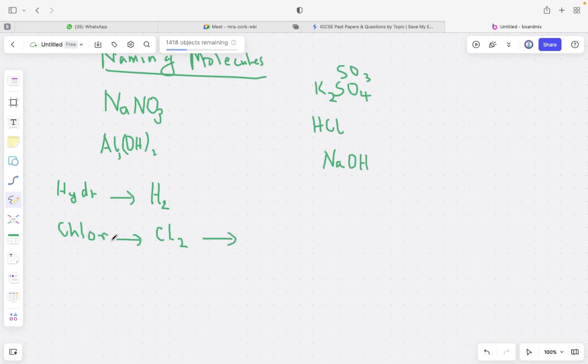Silver, the metal, first. We always name the metal first before the non-metal. This chloro is the non-metal. So when we say silver chloride, we write AgCl. Okay, this is silver chloride. So once you see chloro, the compound contains chlorine.